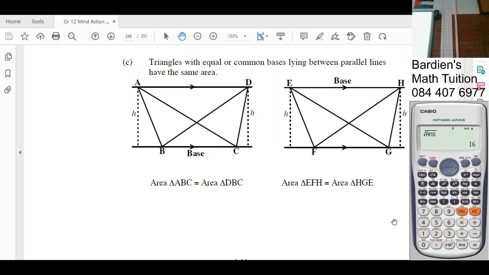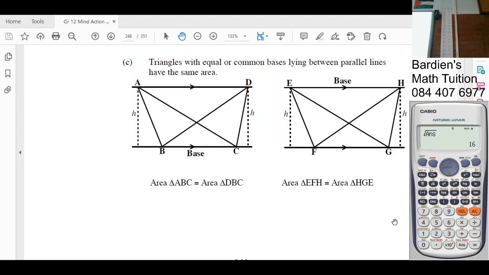Half base, which is 2, and the height, which is going to be 4, because the distance between the two parallel lines is 4 anywhere between them. This is also known as your perpendicular height. So the area is half, 2 times 4.